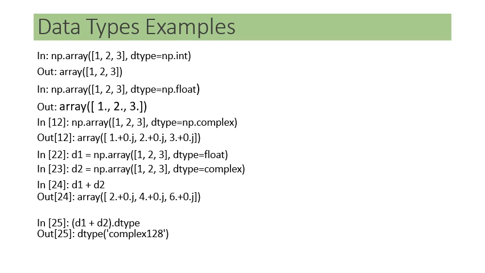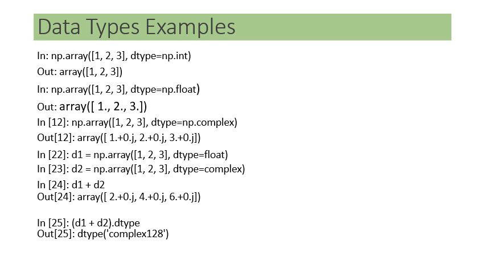In np.array of 1, 2, 3 with integer data type, the output array is 1, 2, 3. With np.array of 1, 2, 3 and the type set to np.float, the output can be 1., 2., and 3. So it can be output this way.